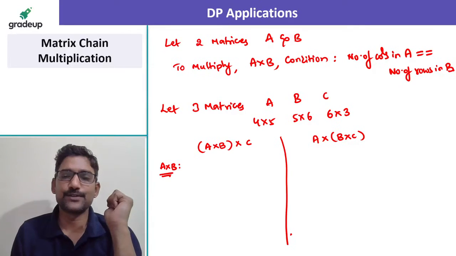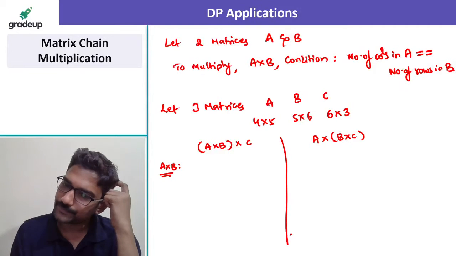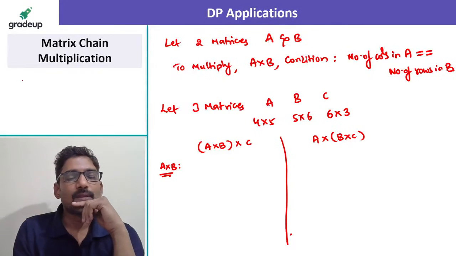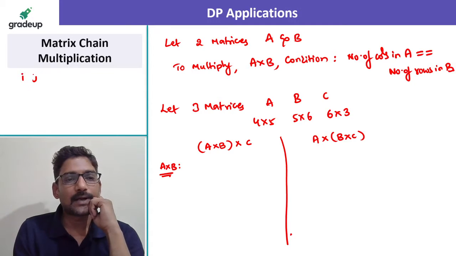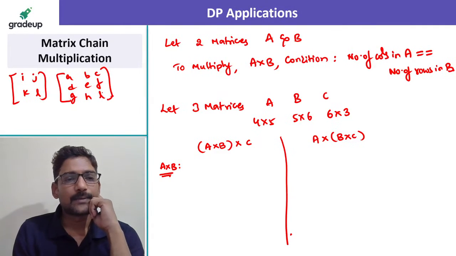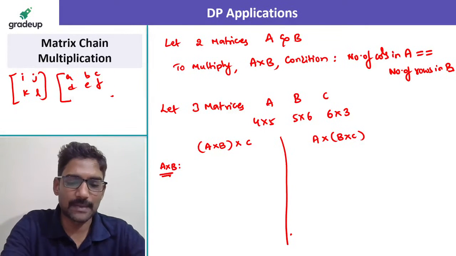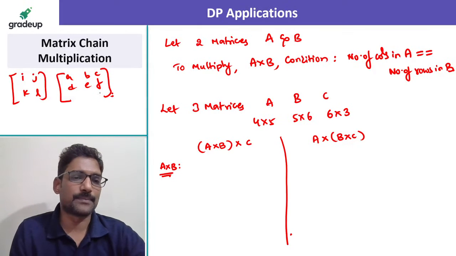Suppose you are first multiplying A into B. How many multiplications do you do? Number of rows, number of columns. Suppose you are having a 2 by 2 matrix I, J, K, L, and a 2 by 3 matrix A, B, C, D, E, F. So we can multiply.